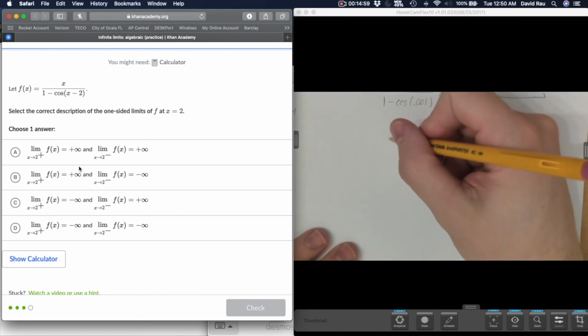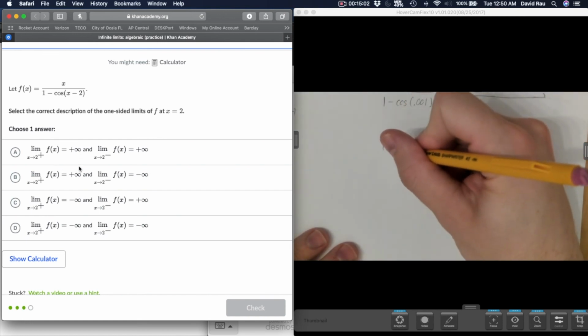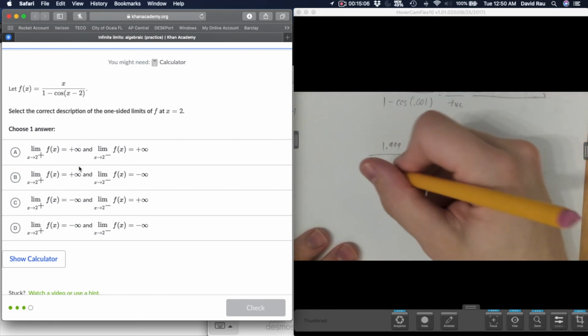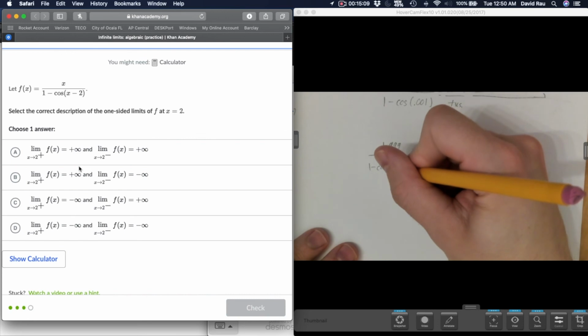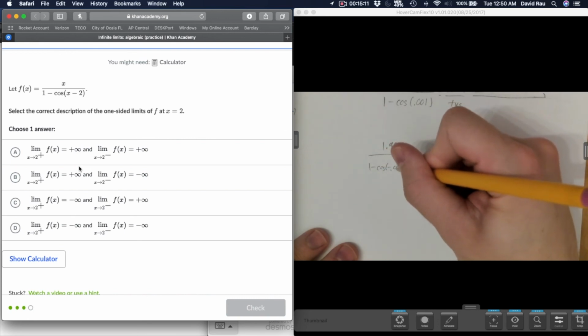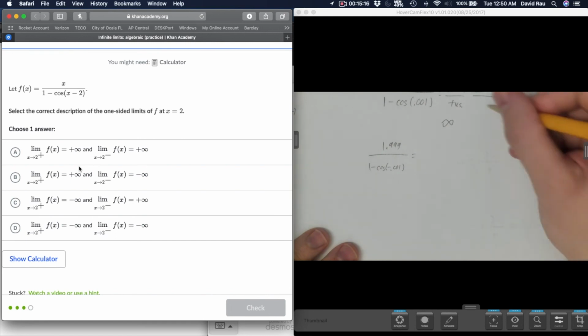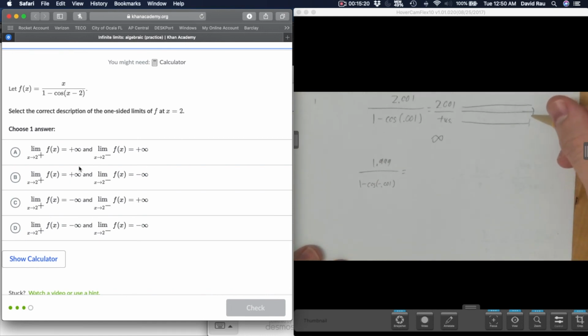Let's talk about the left. If we're going left of 2, that's 1.999, very close to 2, but on the left-hand side of the number line of it. Now 1 minus cosine of, essentially that'll work out to -0.001. Now this is kind of tricky, but if you go left, how far right did you go? Actually the same amount. So if you move downward, so negative radian, you're actually still moving right the same amount as when you moved up positive.